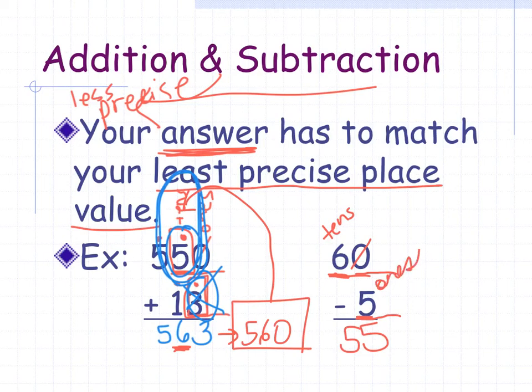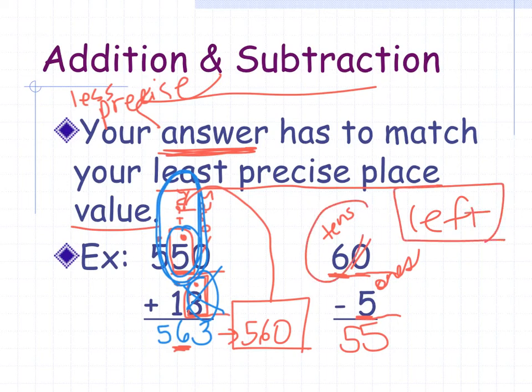So who is less significant or less precise or less important? The tens or the ones? The tens is less precise. Whoever is the leftmost wins.